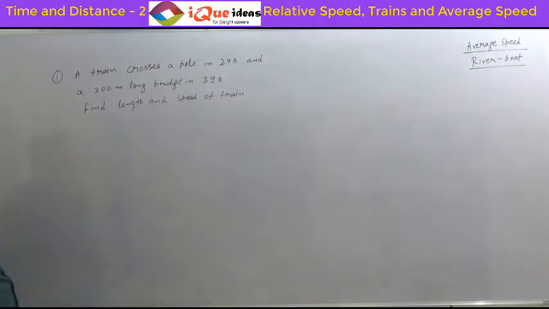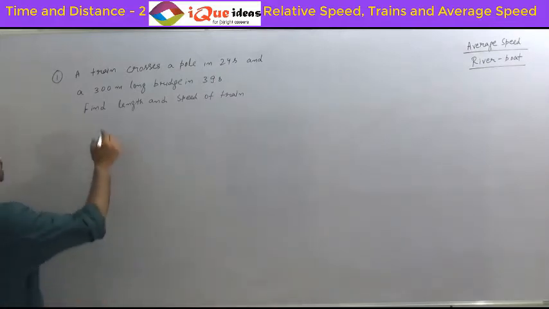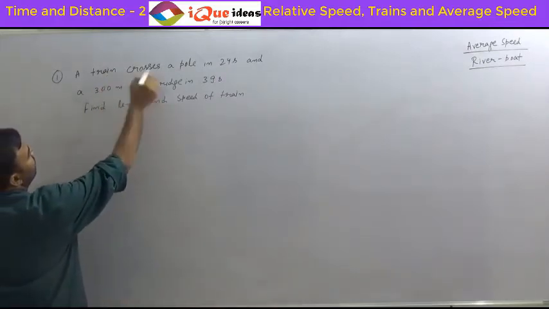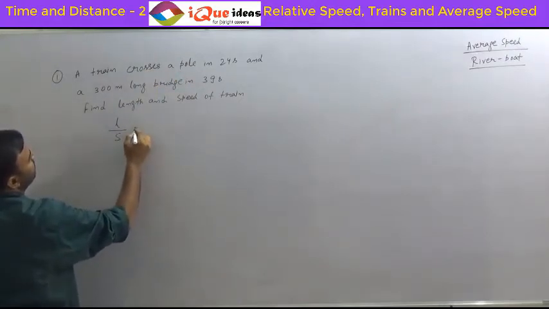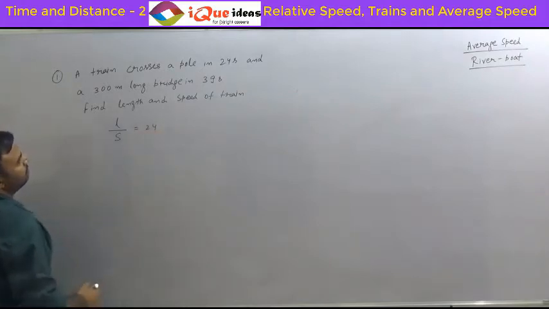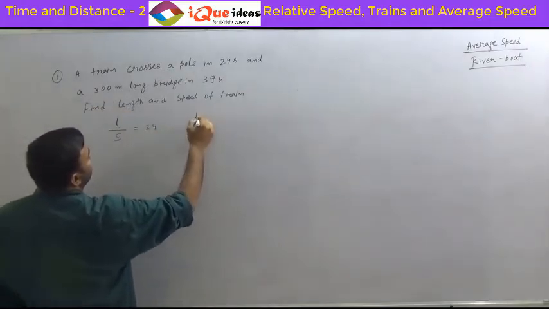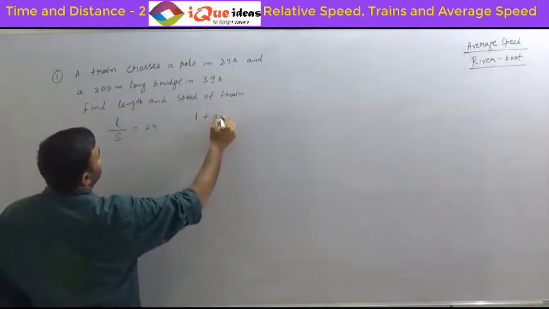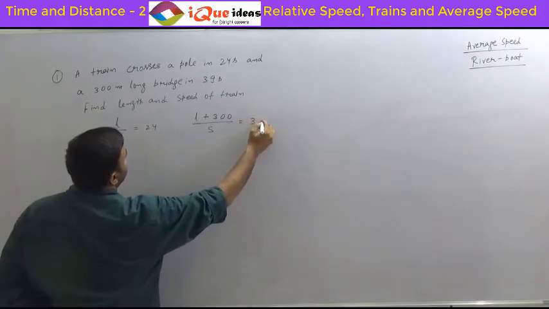Alright. So if you follow the methods or the formulas that we had discussed in the last session, we can directly take it as first case train pole, so length of the train divided by speed of the train, that is equal to 24. And second case, length of the train plus length of the bridge divided by speed of the train, that is equal to 39 seconds.